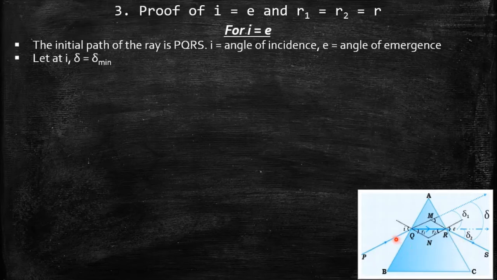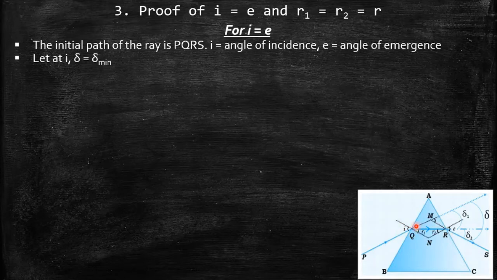I am simply looking for a fact that for this value I over here, I get my delta to be that of delta minimum. So I'm getting minimum deviation of my initial incident ray at this particular angle I. All right.